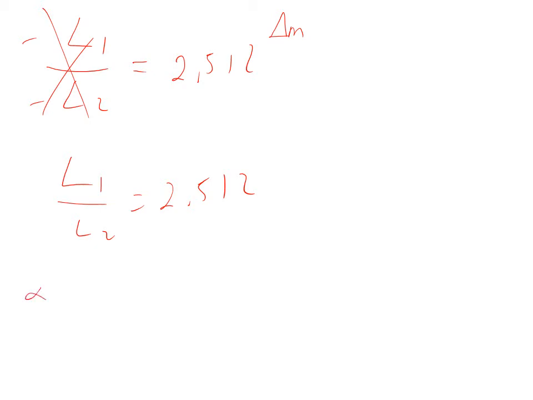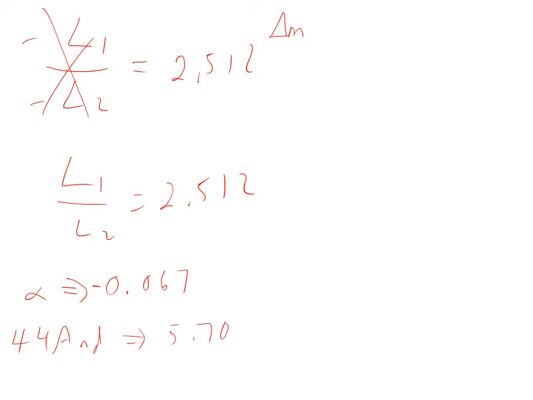For Alpha Carini, the magnitude was negative 0.067. For 44 Andromeda, that's 5.70.